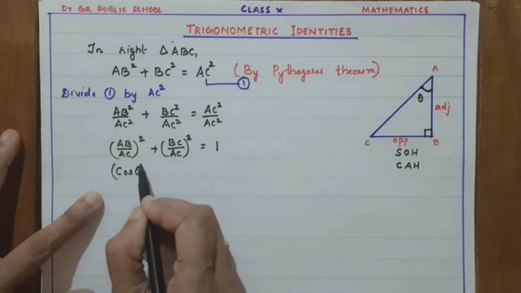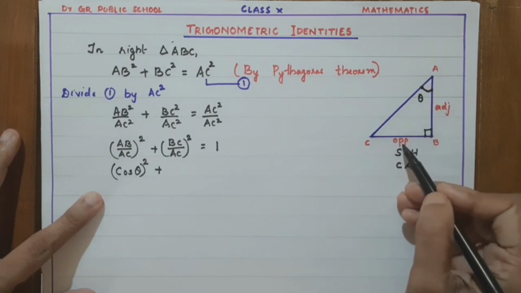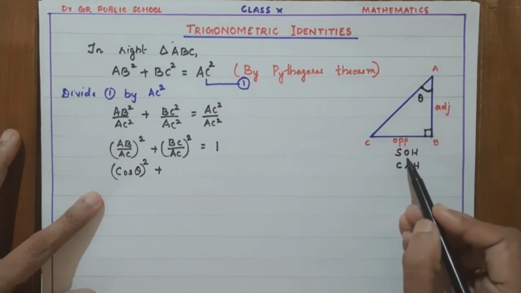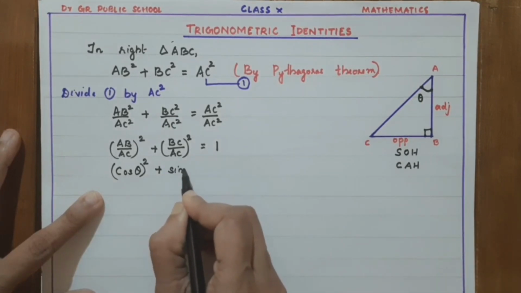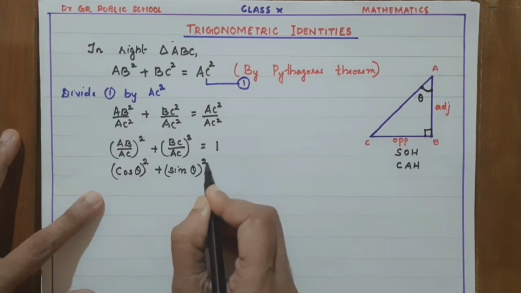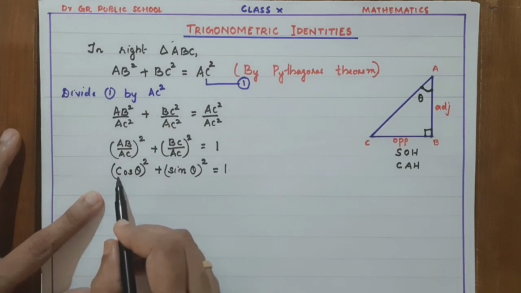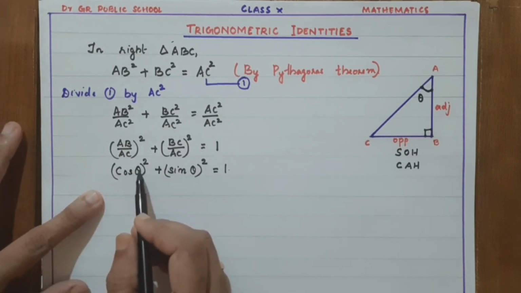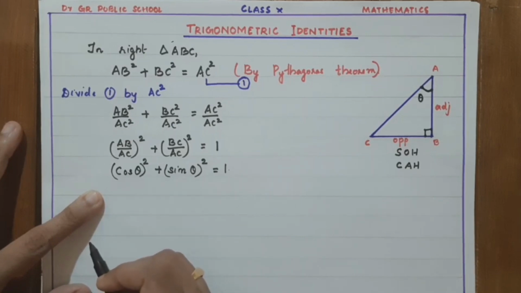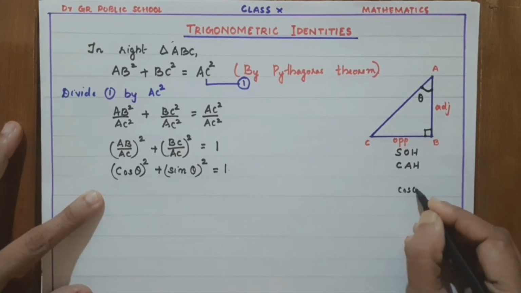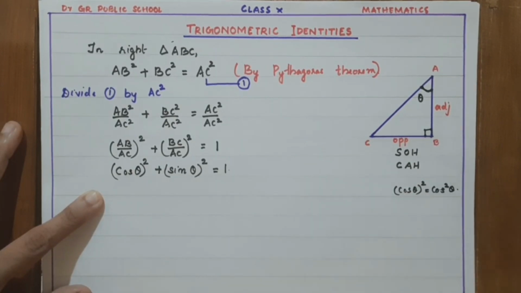And we have the square, cos theta the whole square plus, what is BC by AC? Opposite side by hypotenuse. Opposite side by hypotenuse is sine ratio. So, we can write this as sin theta the whole square equal to 1. Okay children. Now, cos theta the whole square, usually we write it as cos square theta.